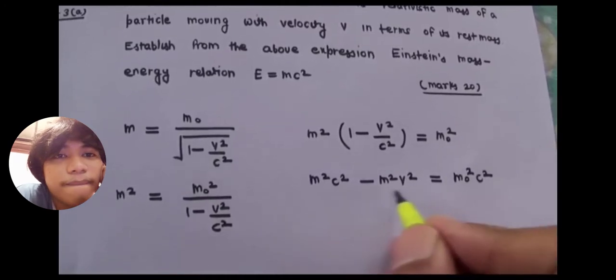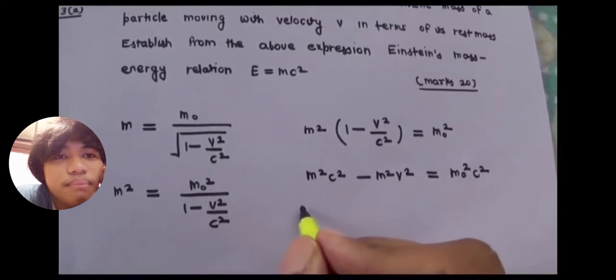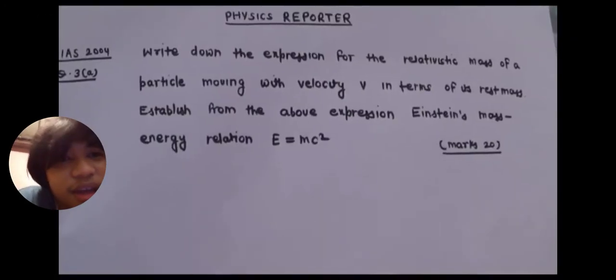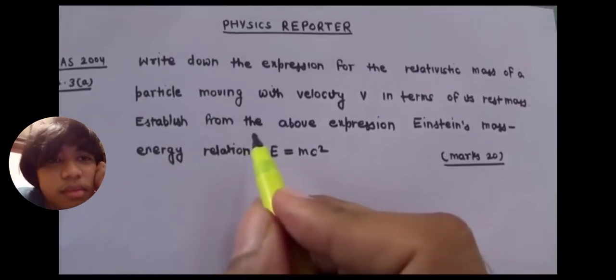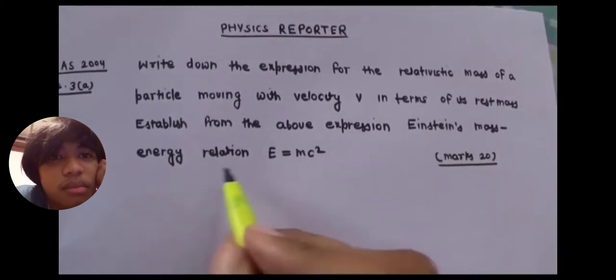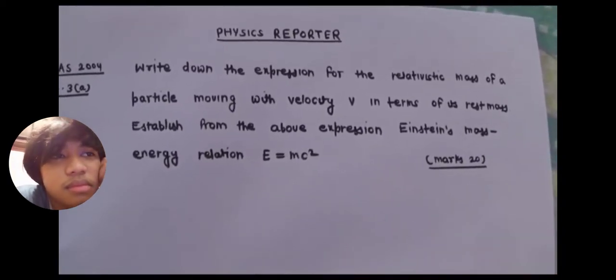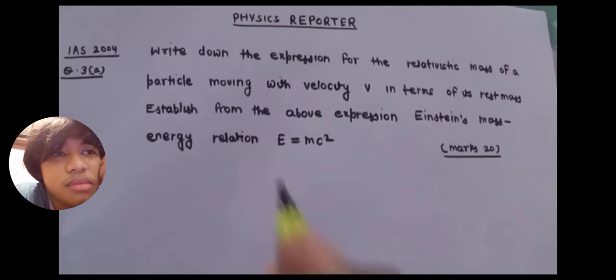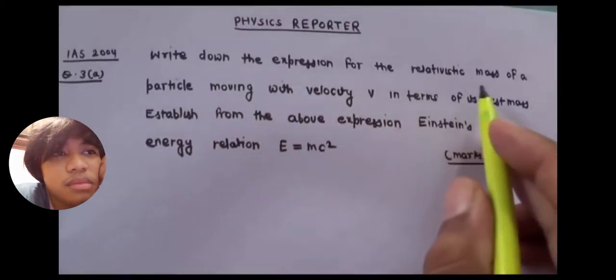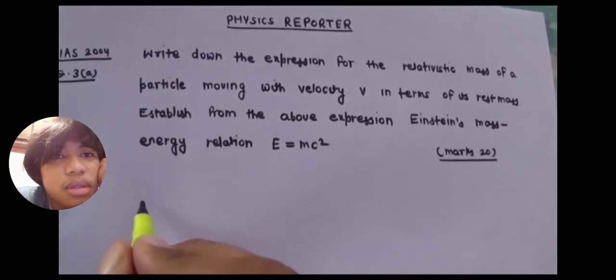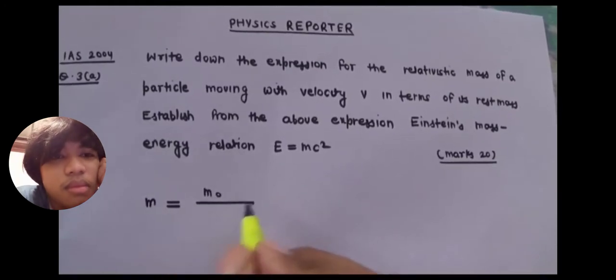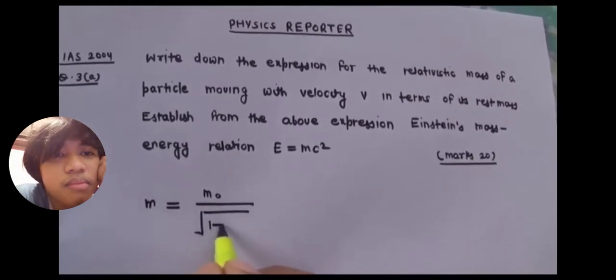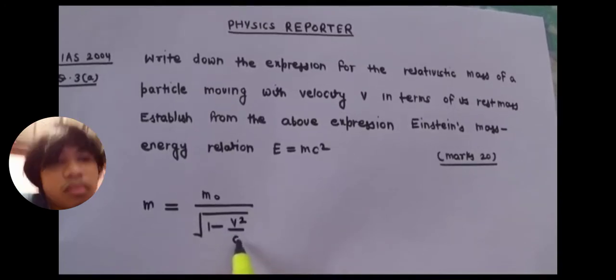Now differentiate this equation. I want to get the first equation. Write down the expression for the relativistic mass. Relativistic mass is given as rest mass upon root 1 minus v square upon c square.